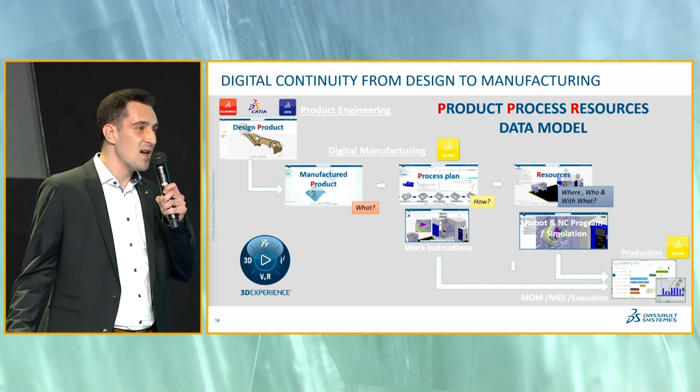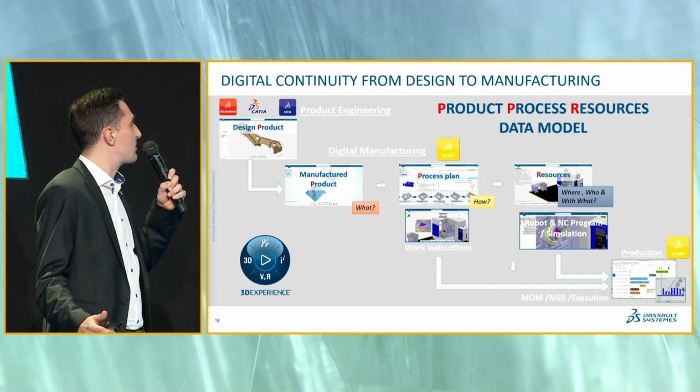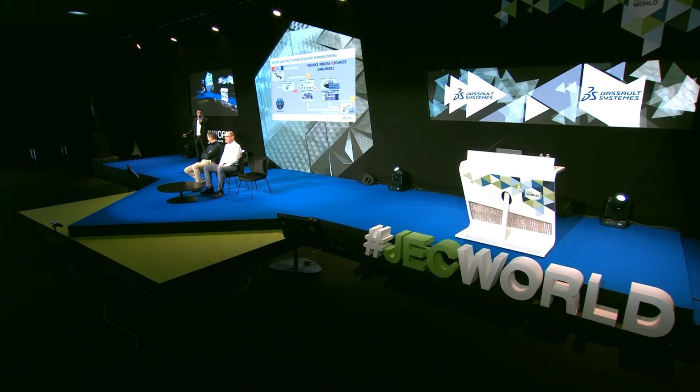So that means we keep track between the product. You see we have 2 times the product. This is because we have, on the one hand, the product view from design stage, and on the other hand, the manufacturing view of the product, which is not always the same. Therefore, we need to make the distinction, but for manufacturing planning, we need to keep track on both of those views.